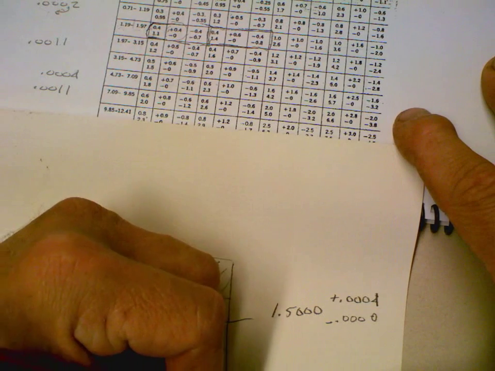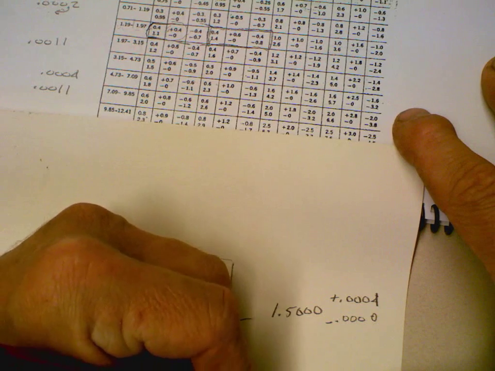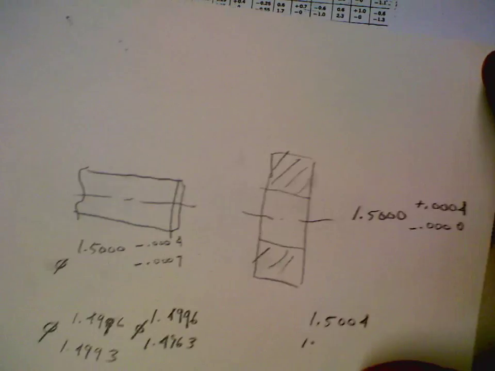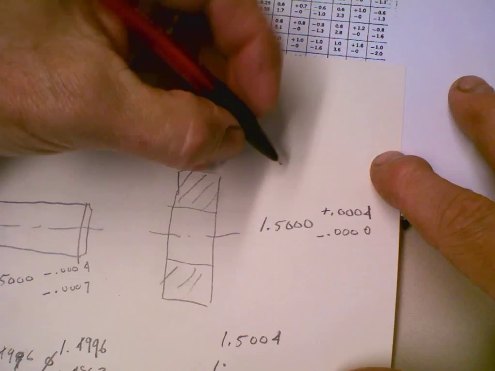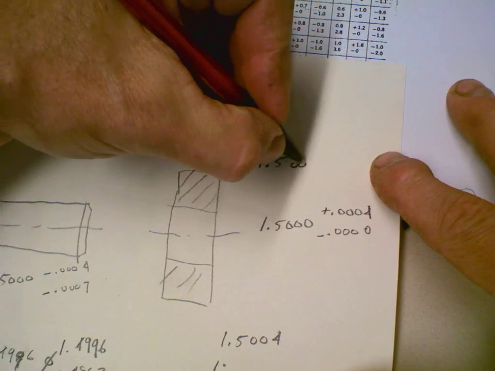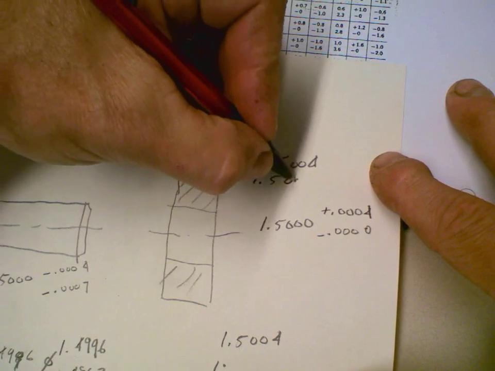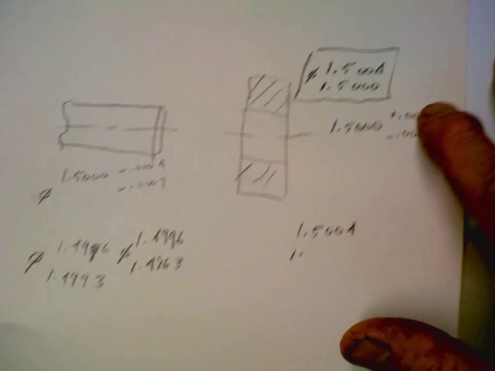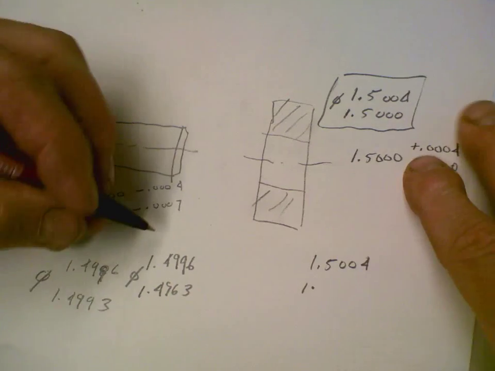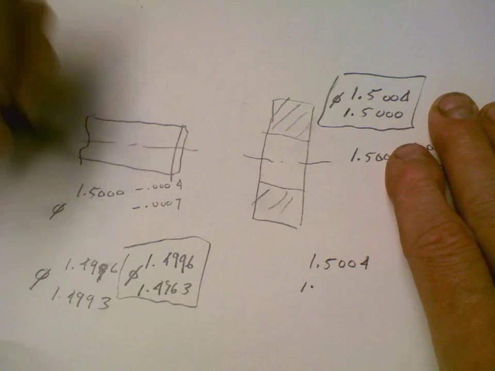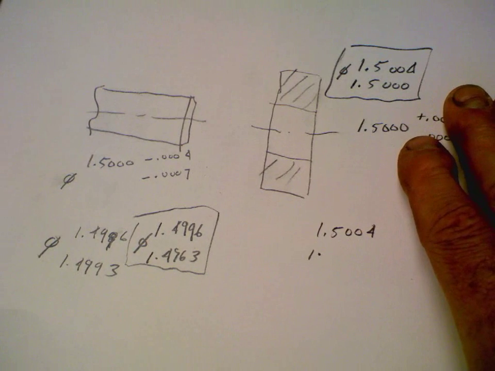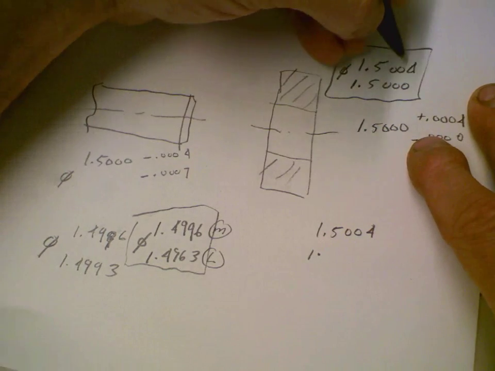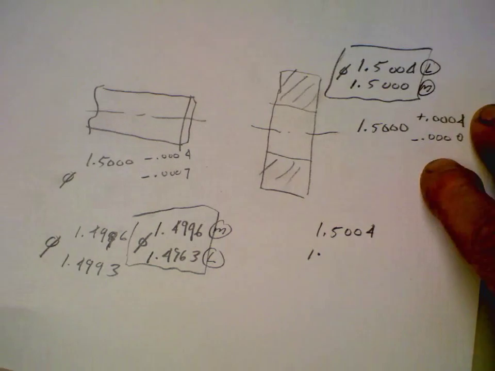So it'd be 1.5004 and 1.5000 is the size of the collar, and then there's the size of the shaft. All right. What is the MMC? Well, the bigger, so this is the M here, and that's the L there. Over here, that would be the M, and that would be the L there.